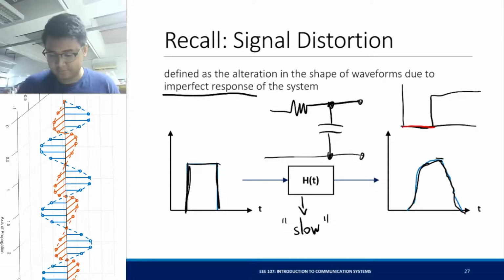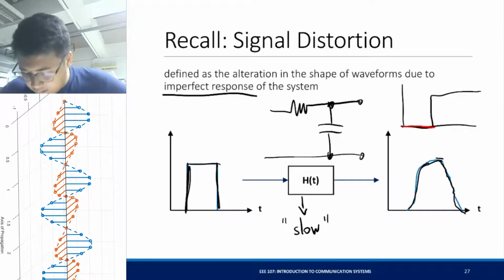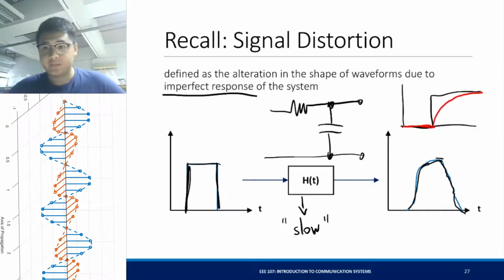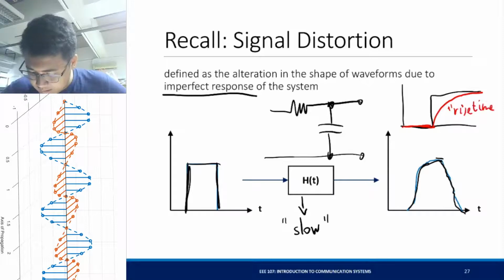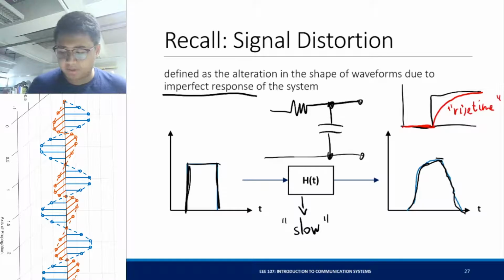I didn't catch that. Okay, there you go. So you have this output response of an RC filter. It looks something like this. You have some form of a rise time because of your slow RC response.